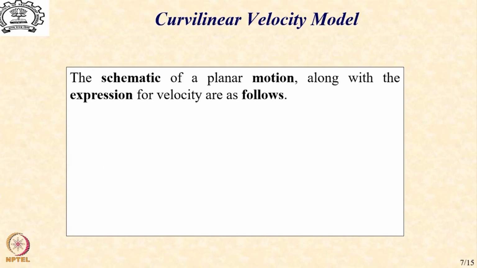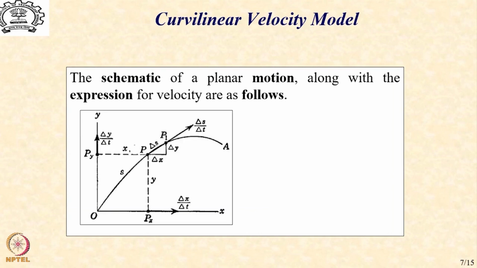So let us first look at the expression for the velocity in the context of the curvilinear coordinate system S and N. So let us assume a two-dimensional system x and y and a curvilinear trajectory A.